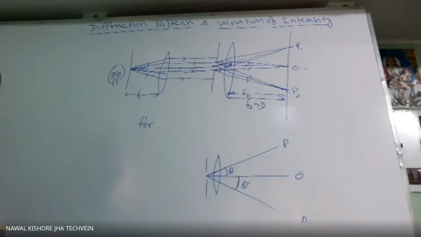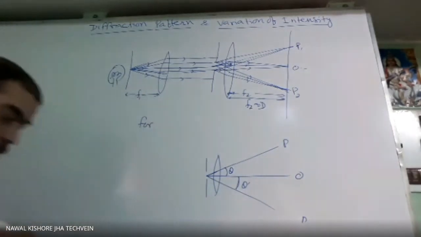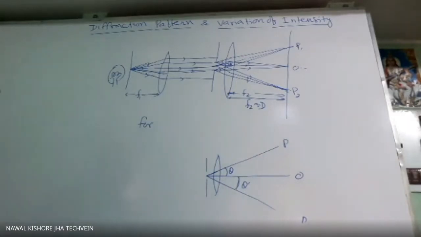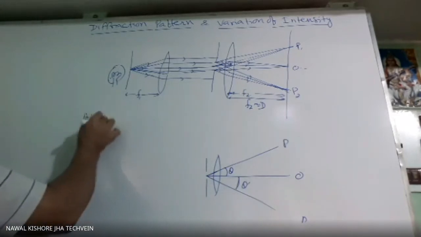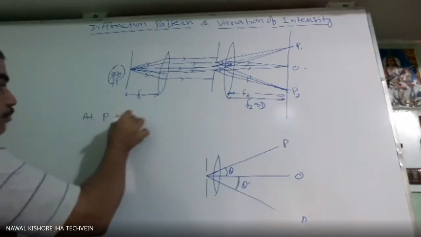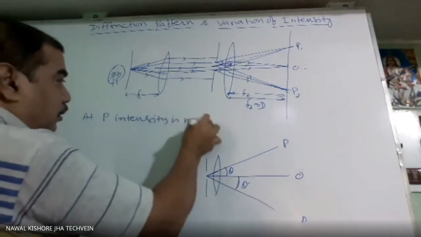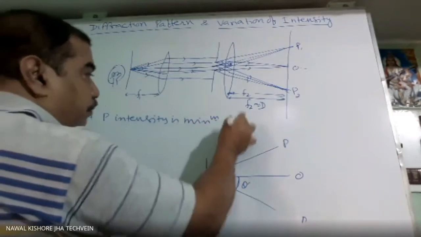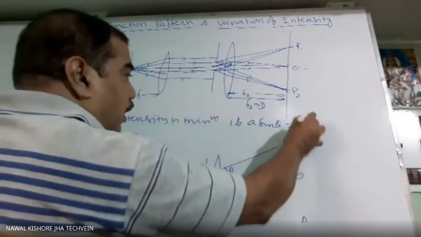So we have got the condition: at P we may get dark under what condition? At P intensity is minimum if a sin theta is n lambda.